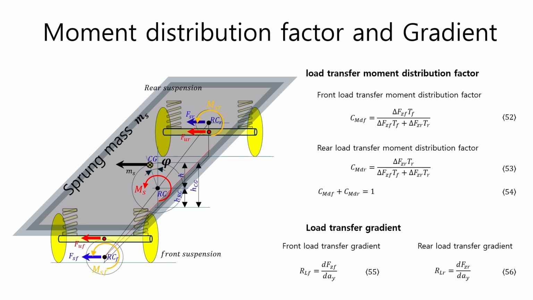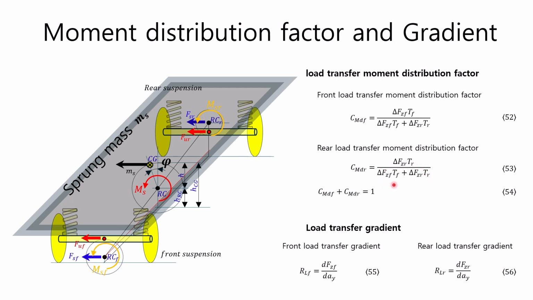Let's learn about the load transfer moment distribution factor and the load transfer gradient. The front wheel load transfer moment distribution factor, as shown in equation 52, represents the ratio of the front wheel load transfer moment to the total load transfer moment, and the rear wheel load transfer moment distribution factor, as shown in equation 53, represents the ratio of the rear wheel load transfer moment to the total load transfer moment.